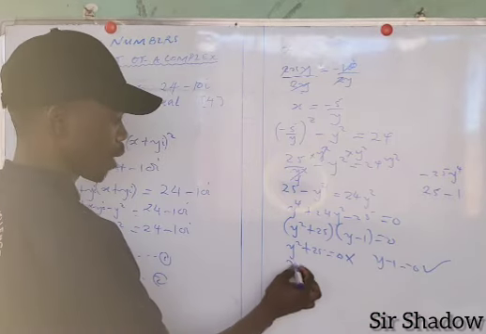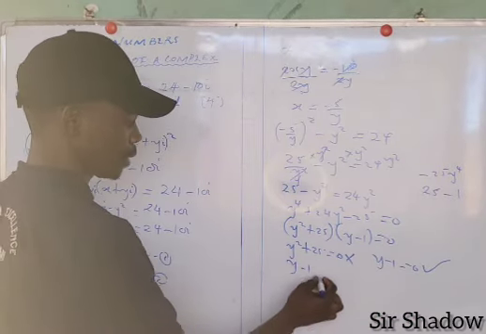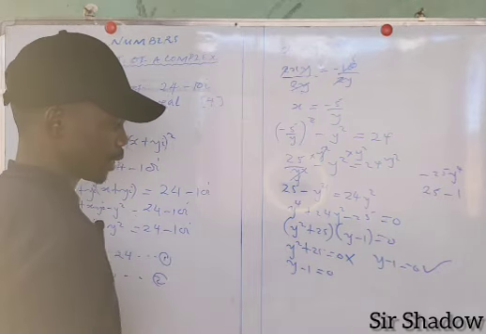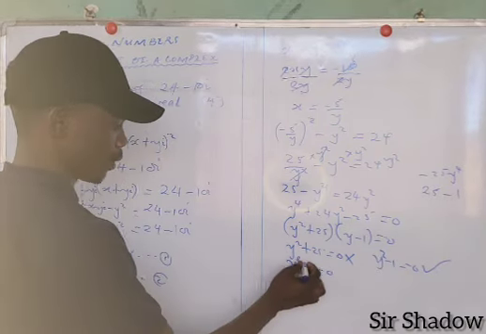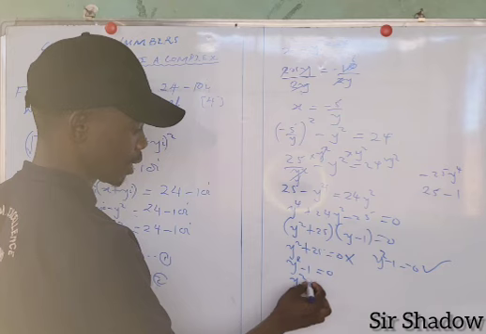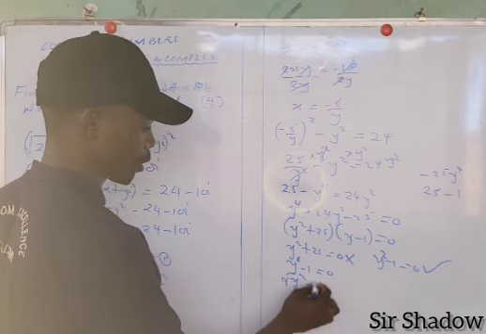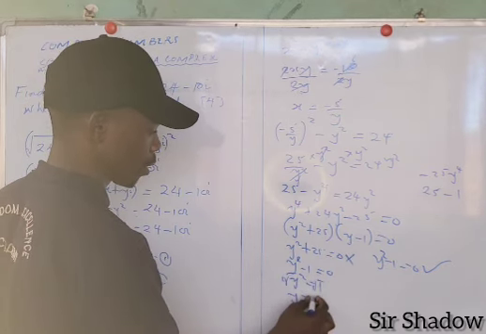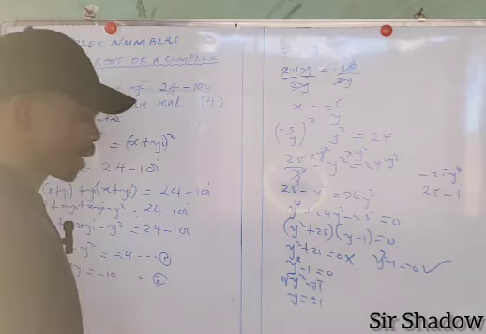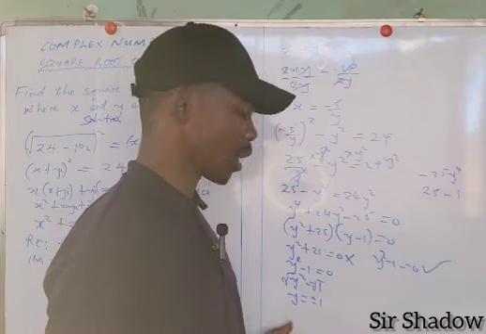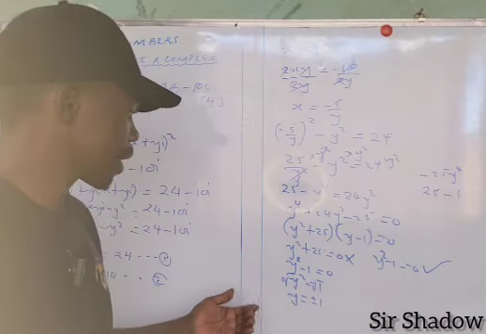So y squared minus 1 is equal to 0, right? So y squared is equal to 1. Square root of both sides, y is equal to plus or minus 1. Remember, now we have the values of y: y is equal to plus 1 and y is equal to minus 1.